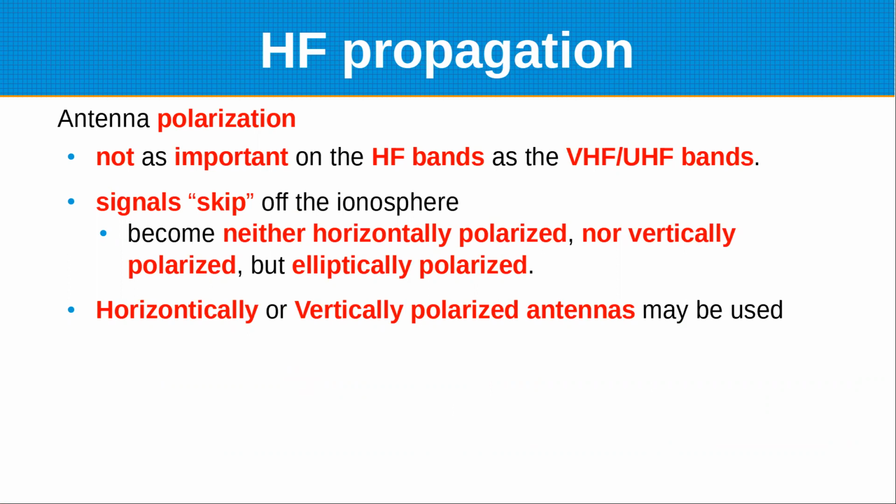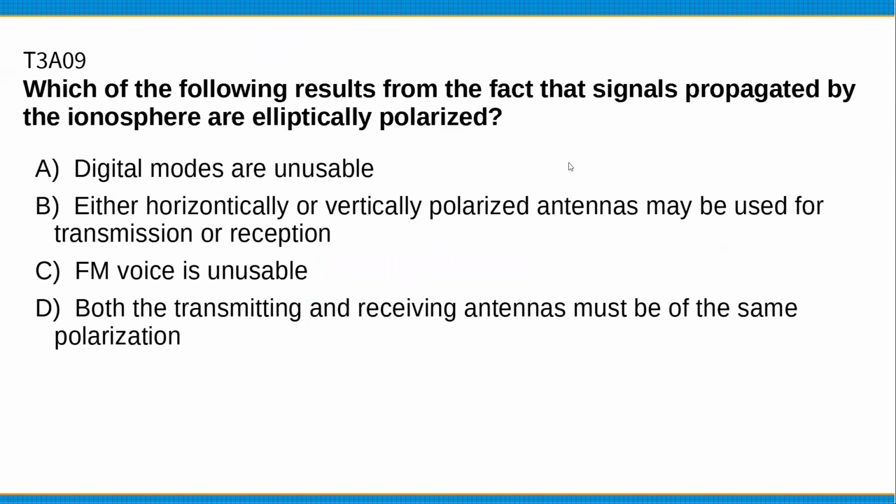Like we showed with the handy talkies, if they're cross polarized, you hardly pick up anything. Whereas in HF, things tend to get elliptically polarized, whether you want them to or not. So it doesn't really make much difference, especially if you've got propagation where it's being refracted. It's definitely not going to come back the way it was sent. Which of the following results from the fact that signals propagated by the ionosphere are elliptically polarized?